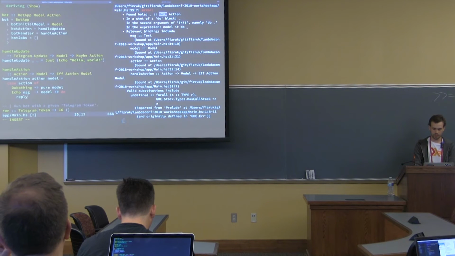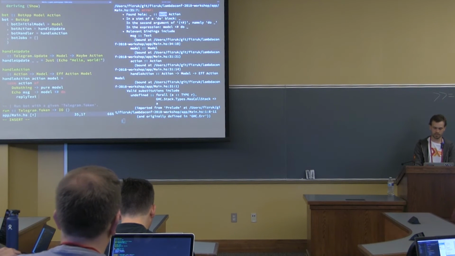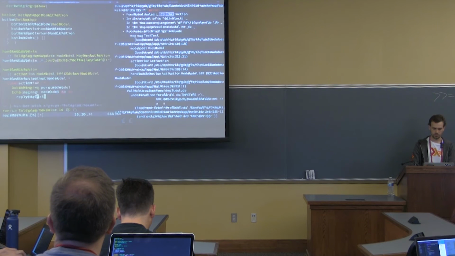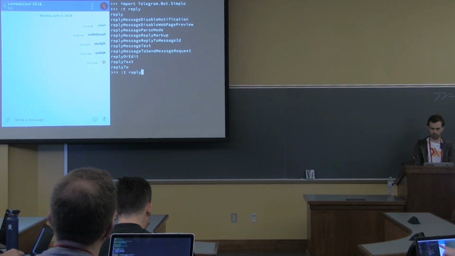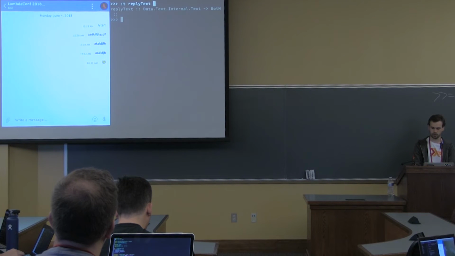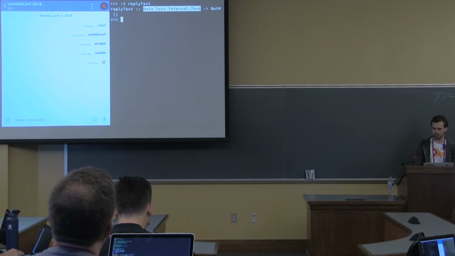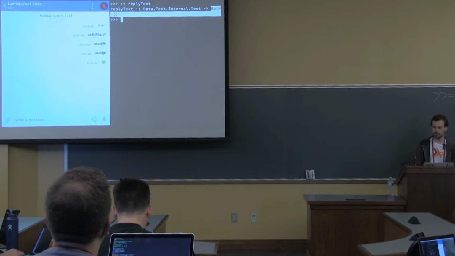So for instance, there is a reply text helper. You can just import Telegram bot simple, and there is reply, a lot of replies, but among those a reply text. So reply text just takes a text value and replies.